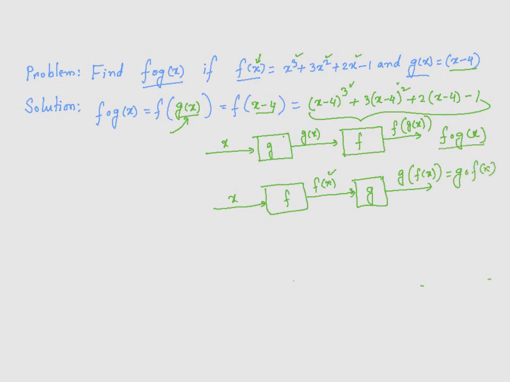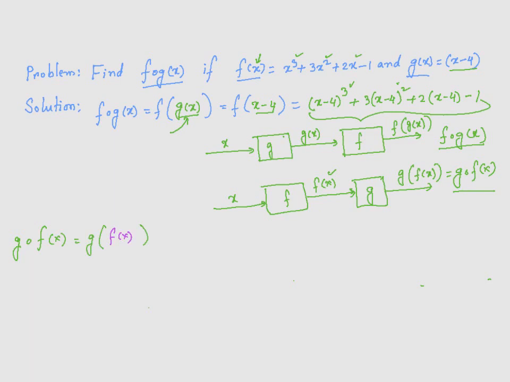So this is f composed with g and g composed with f. Let me just do g composed with f of x, even though that's not what I set out to do at the beginning. We did f composed with g. I'm going to do g composed with f of x, or g composition f. By definition, it's going to be g of f of x, right?